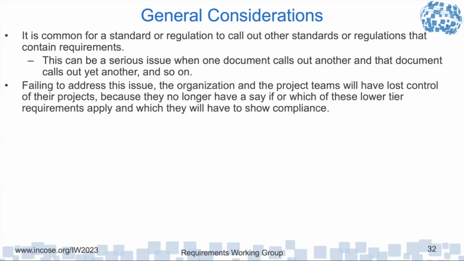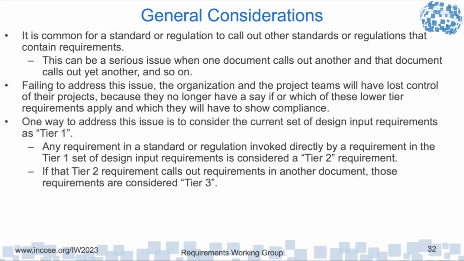Failing to address this, the organization and project teams have lost control of their projects because they no longer have a say into if or which of the lower tier requirements actually apply, and they're going to have to show compliance. So one way to address this issue, and I advise my students, is to consider your set of design input requirements as tier 1, and any requirement in the standard or regulation invoked directly by a requirement in tier 1 is considered tier 2.